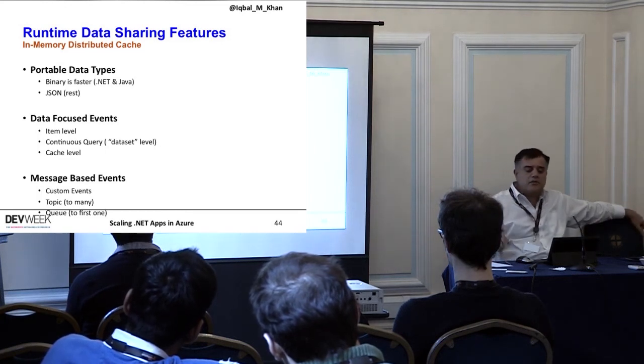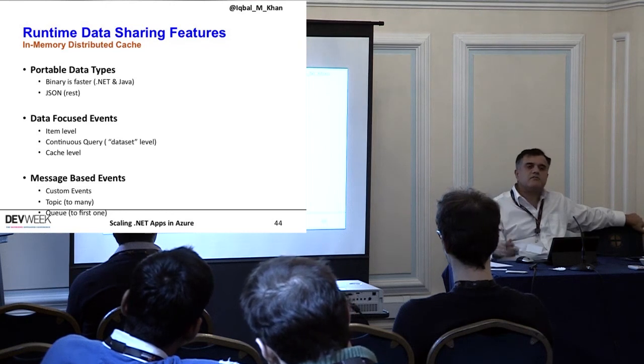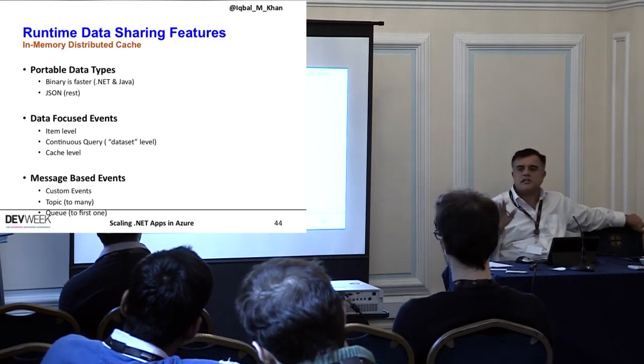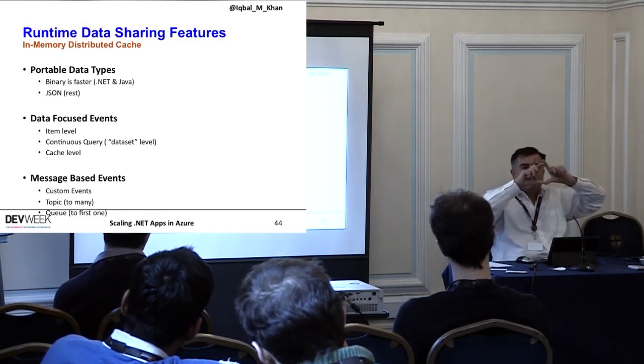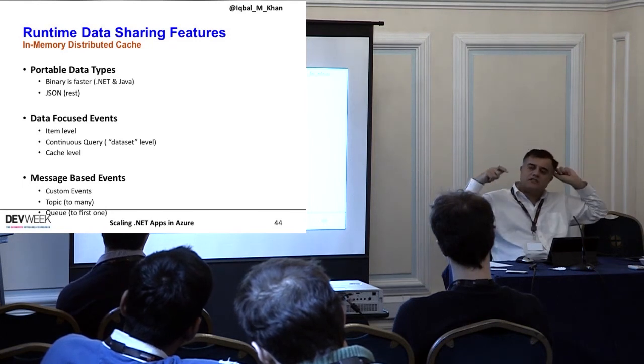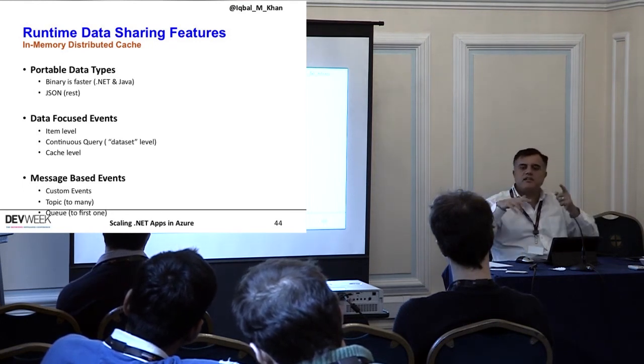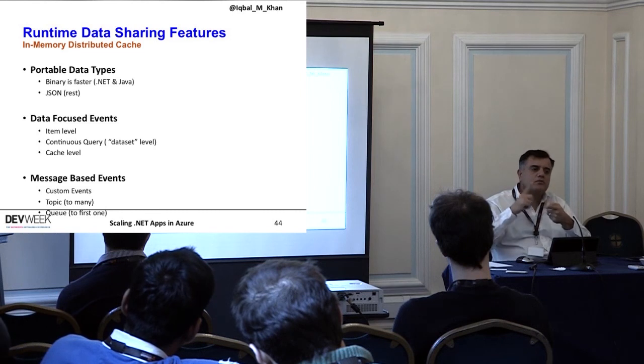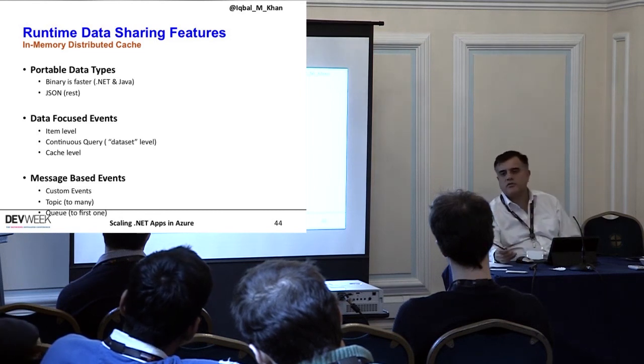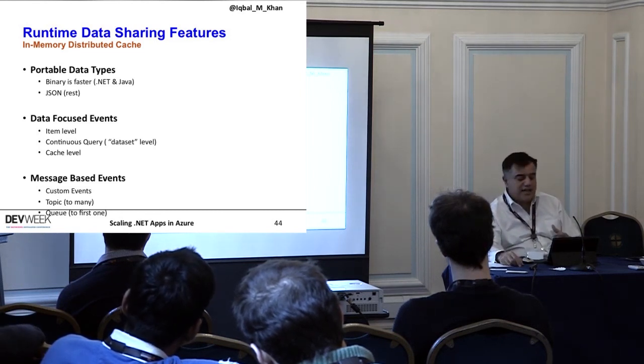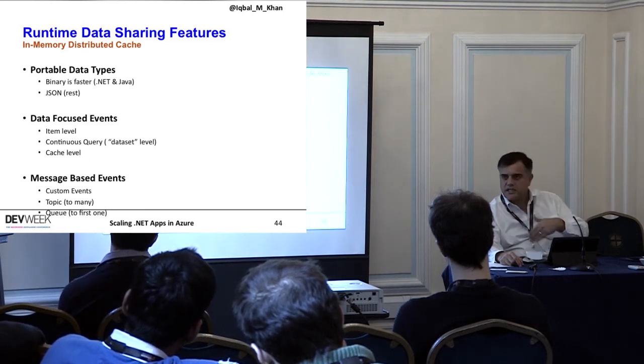So, for example, you'll say, select customers where customer.city equals London. So that becomes your data set. Then any customer with city equals London, if it is added, updated, or removed from the cache, you will be notified. So it's a data-focused event based on which you could take action.